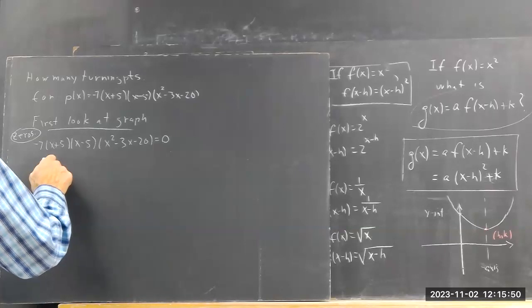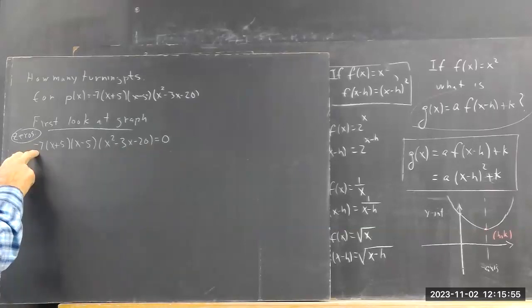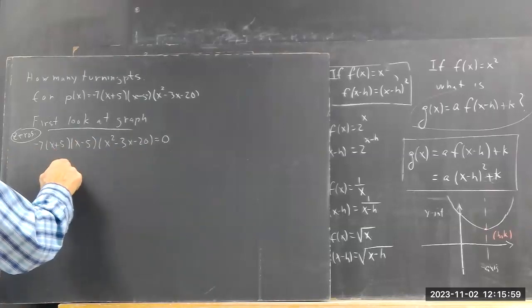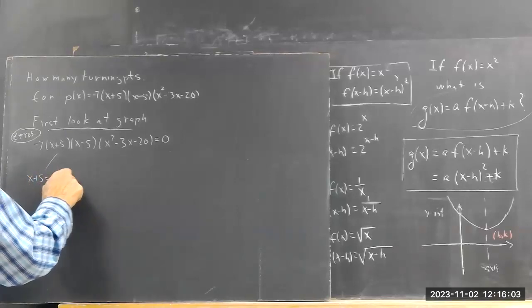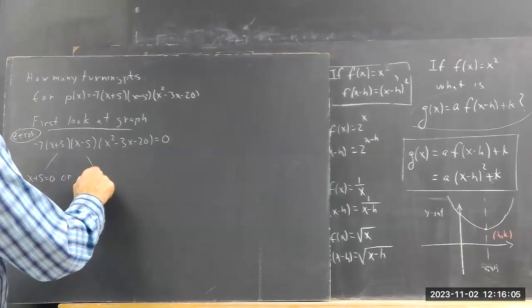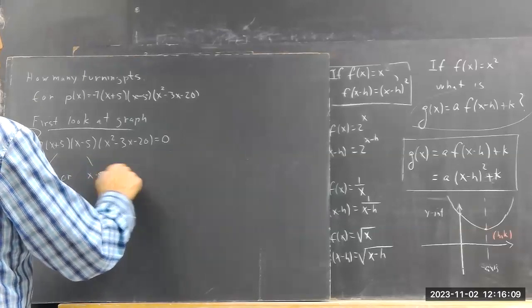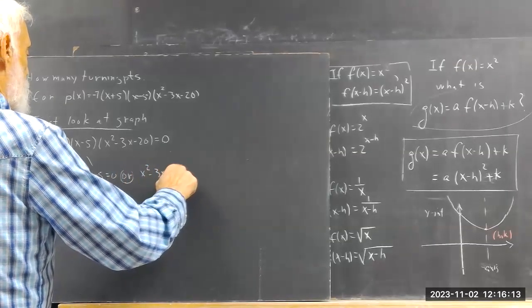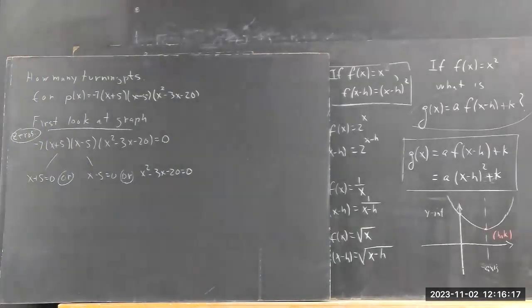Well, this equation is going to be 0 if this is 0, but it's not, it's -7 and it can't be 0. But if this, or this.